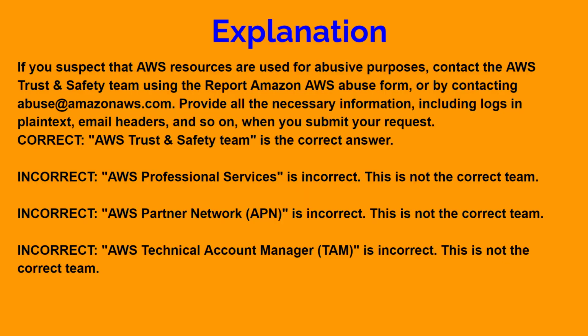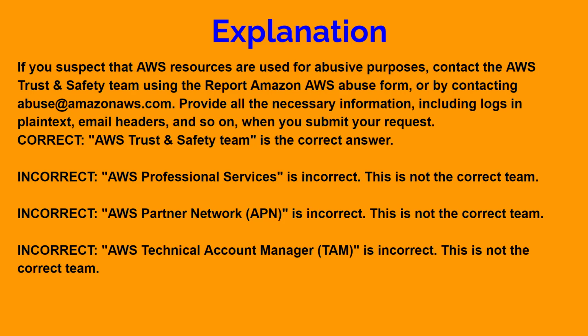Explanation. If you suspect that AWS resources are used for abusive purposes, contact the AWS Trust and Safety Team using the Report Amazon AWS Abuse form, or by contacting the abuse email address. Provide all the necessary information, including logs in plain text, email headers, and so on, when you submit your request. Correct.